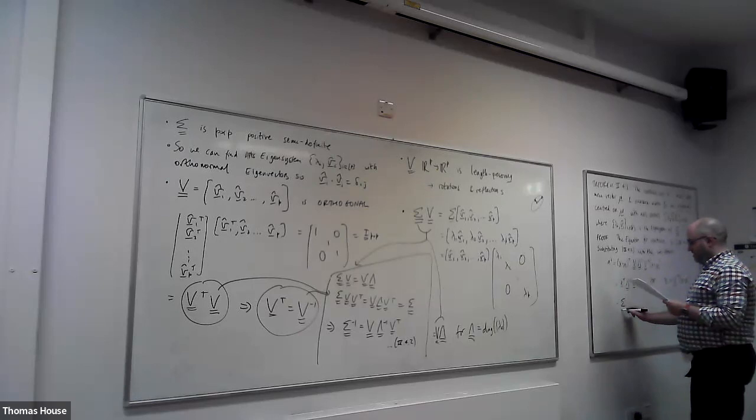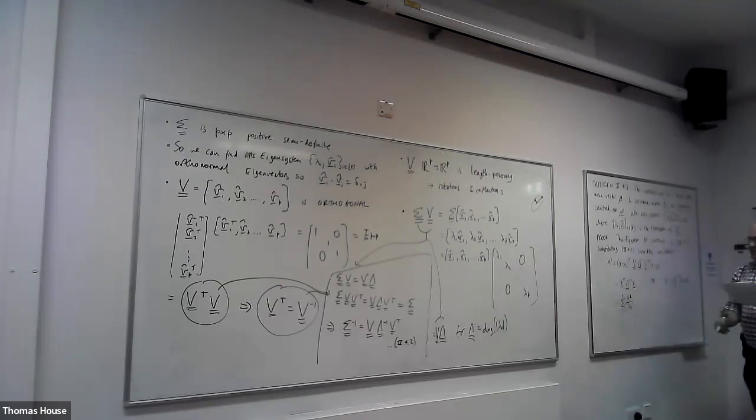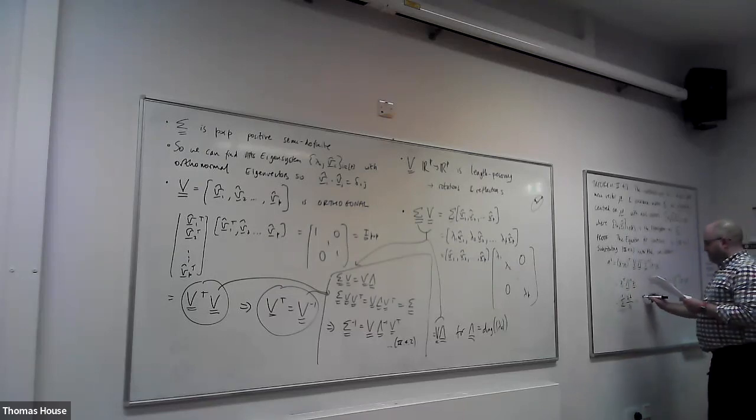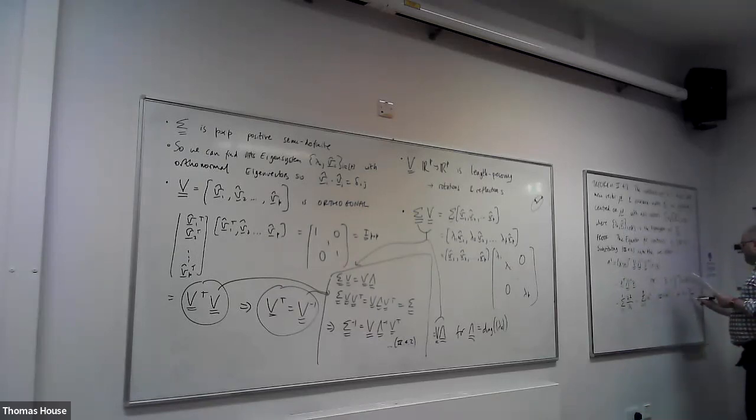This is the sum over i equals 1 to P of Zi squared over lambda i, because we can work out what the inverse of the diagonal matrix is. It's just the diagonal matrix of 1 over the elements. And this is the sum of ui squared. We'll label this equation 4, for ui is Zi over root lambda i.